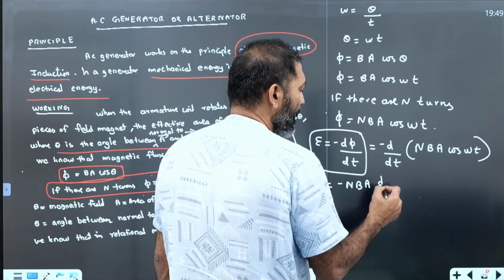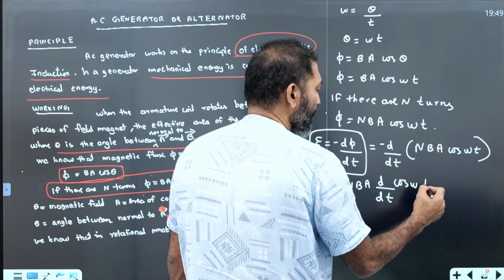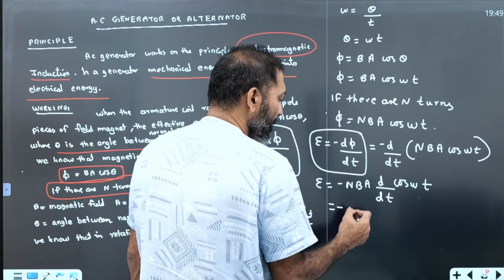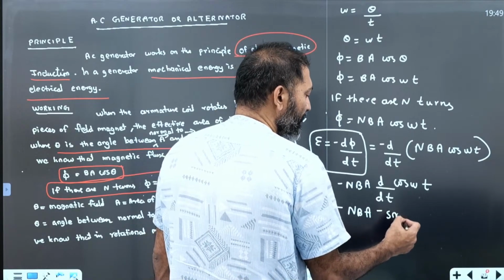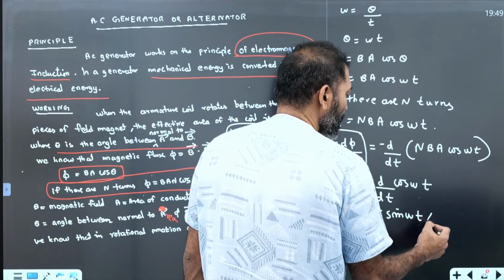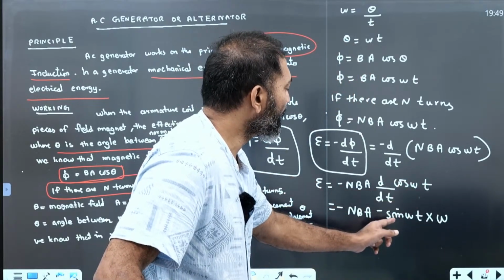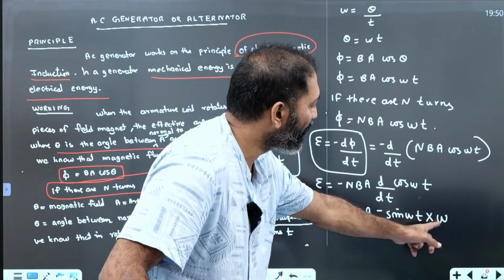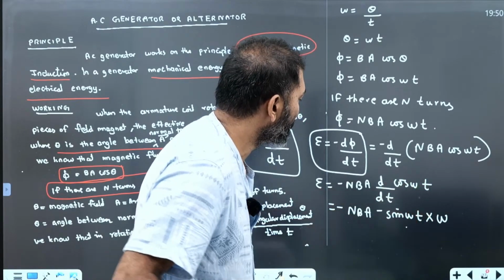So d by dt of cos omega t. What is d by dt of cos omega t? Minus sin omega t into omega. Remember, the differential of cos omega t is minus sin omega t into omega, because t has a coefficient omega.